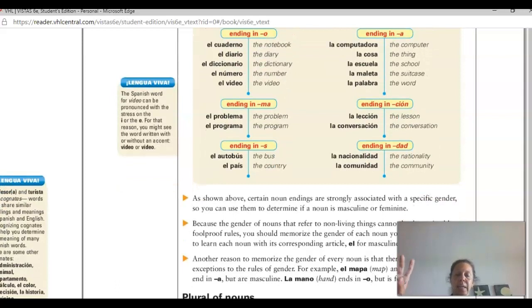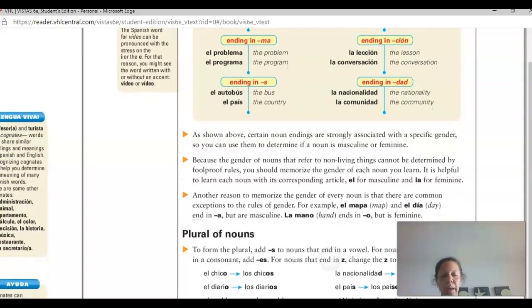The endings in ma, the endings in sión, and sión with an S also. Those are feminine. And usually words that are ending with S are masculine, but remember, there are always exceptions, okay? And those that are ending with -ión, they are going to be feminine.